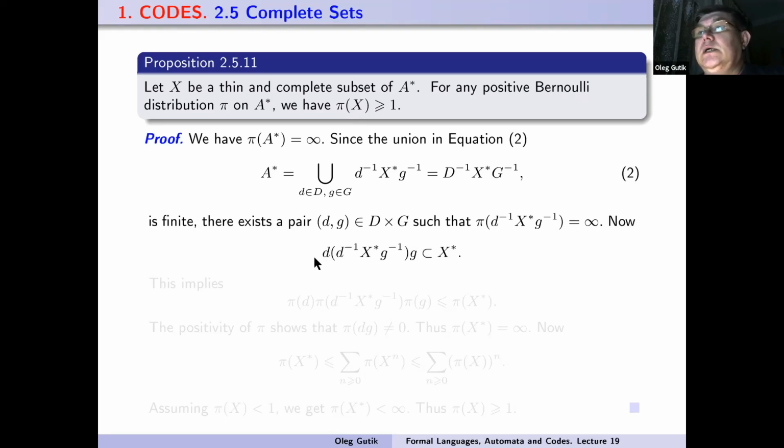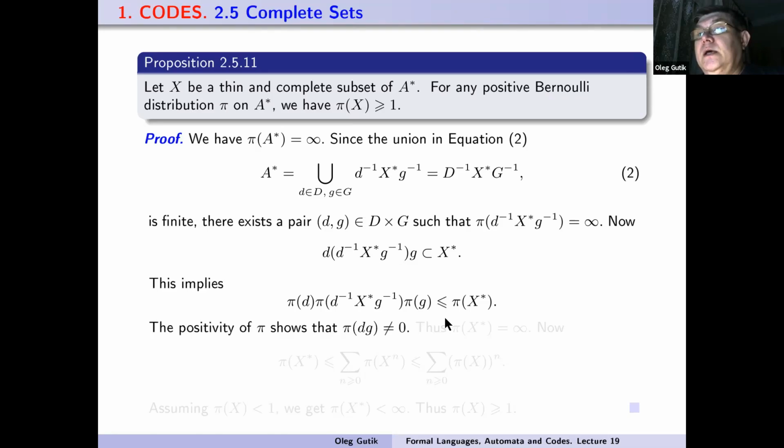Now d multiplied by the set d^-1 X* g^-1 multiplied by g belongs to X*. This implies that pi of d times pi of d^-1 X* g^-1 times pi of g is less or equal to pi of X*.